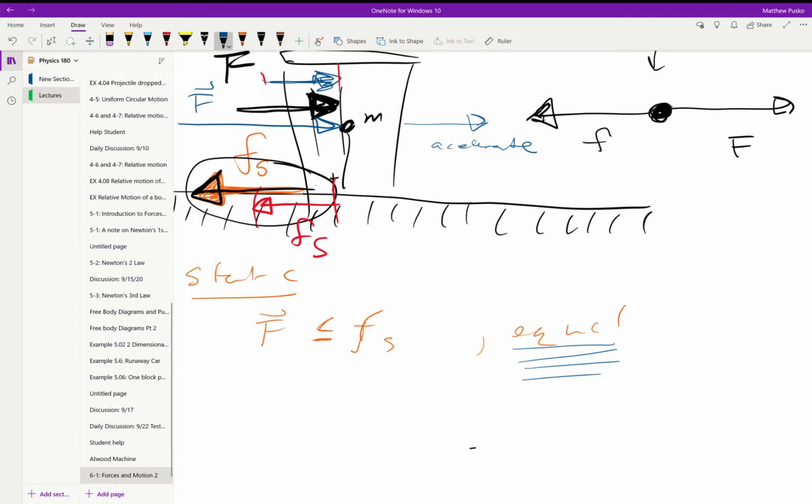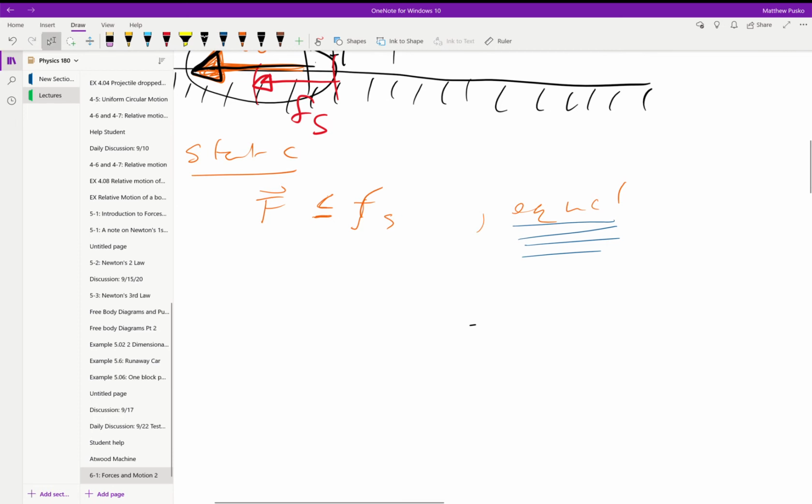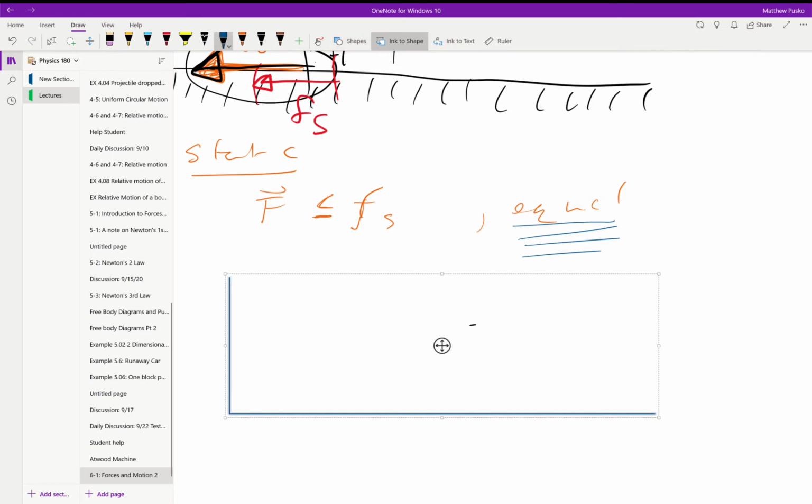So a good way to look at this is making a graph. Let's do an x versus y, and let's do the static friction max versus the applied force. Let's break this into two regions.